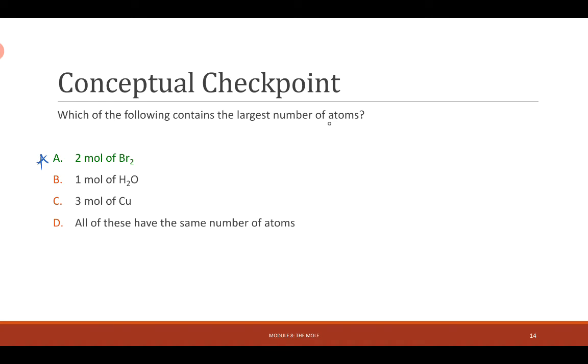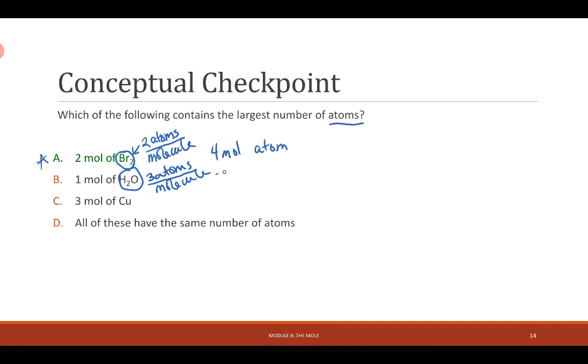So it does talk about number of atoms. Br2 would have 2 atoms per molecule. This one has 3 atoms per molecule. And so 2 moles of Br2 would have 4 moles of atoms.